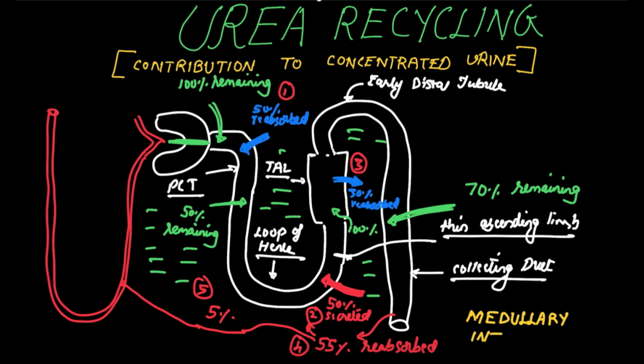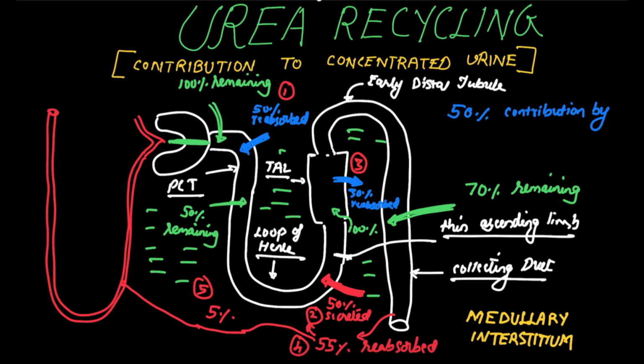Please remember that the hyperosmotic medullary interstitium is not allowed to be lost by the countercurrent exchange mechanism. Building up is by the countercurrent multiplier mechanism in the medullary interstitium. Urea contributes 50% of the total osmolarity in the medullary interstitium.